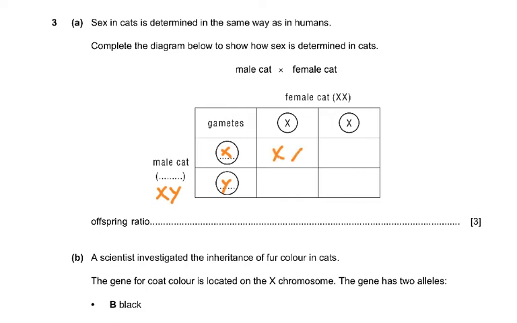And then this would be XX. This would be XX. This would be an XY. And this would be an XY. So offspring ratio is 1:1. Or you can say 50% male, 50% female, or you can say 2:2.